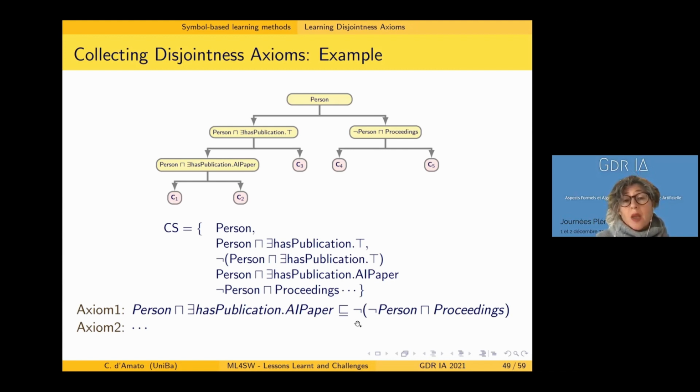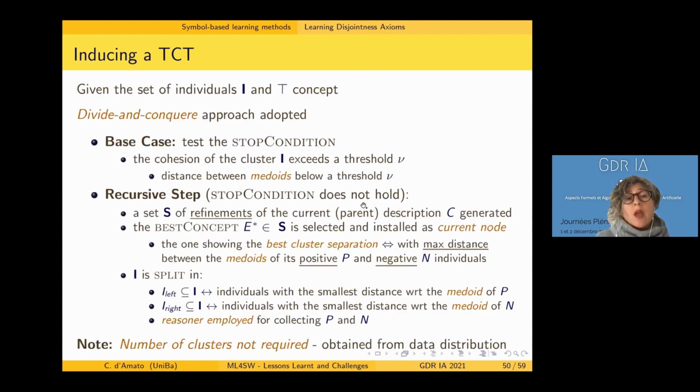The last thing that we need to know is how this terminological cluster tree can be obtained. This is obtained by adopting a divide and conquer approach, where, given the collection of individuals provided and a general concept, generally we start with the top concept. The base case is given by testing the stop condition, which consists in testing that the cohesion of the cluster exceeds a given threshold.